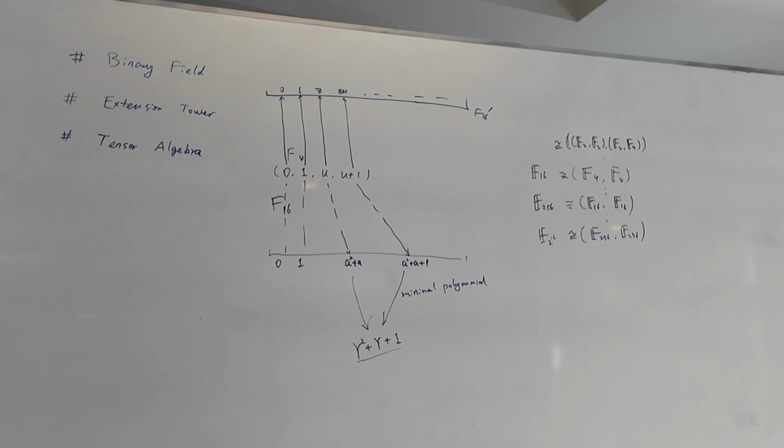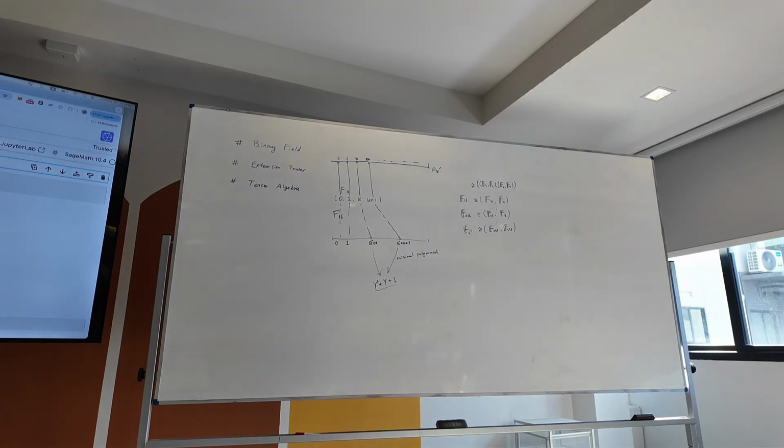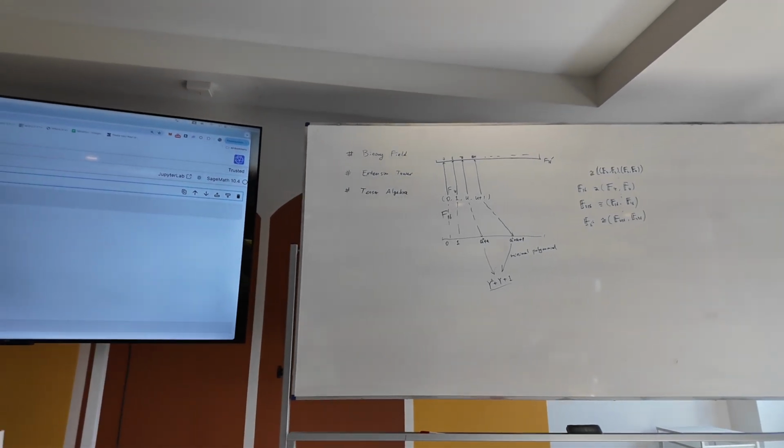But there are many problems that we have to pay attention to. For example, how can we find the irreducible polynomial for the next extension? Is there any convenient way to find the primitive element of the recursive extension field, or can we give a basis for this recursive extension field?